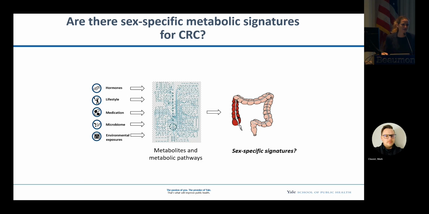There's differences in medication between males and females, oral contraceptives, HRT, of course, potentially differences in microbiome and antibiotic uses, and differences in environmental exposures, through different occupations and things like that. And, as Dr. Graham alluded to as well, all these different factors can really change your metabolic profile. So it's possible there is differences in the metabolic profile between males and females with colorectal cancer.